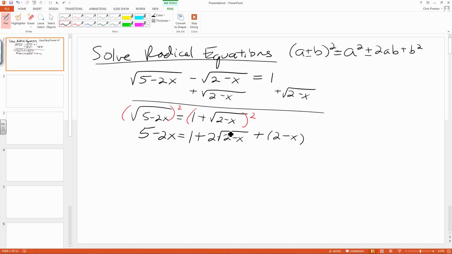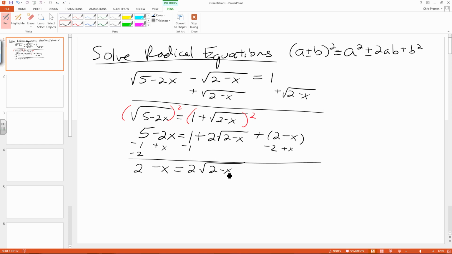Now what I want to do is get this root part by itself. So I want to get rid of this 1, this 2, and this x. So 5 minus 3 is 2. Negative 2 and 1x is a negative x equals 2 square root of 2 minus x.